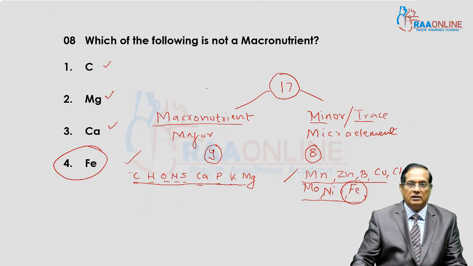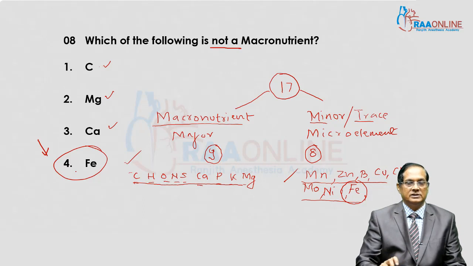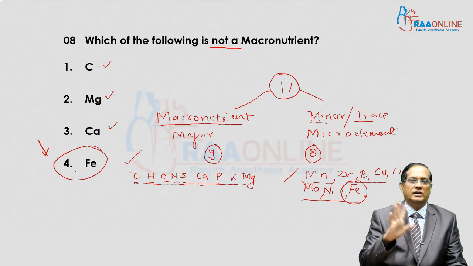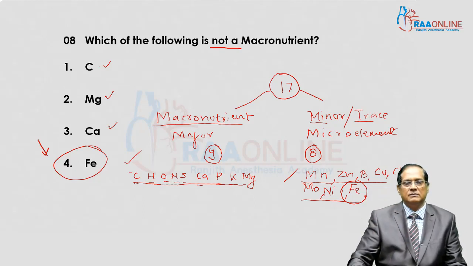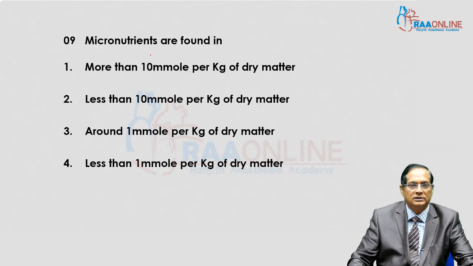The answer is now quite clear: iron. Iron is micro. This question may be asked in groups of 3, 3, 3 and 3 micro series. This is important and a very simple question. Directly you will get easily 4 marks.